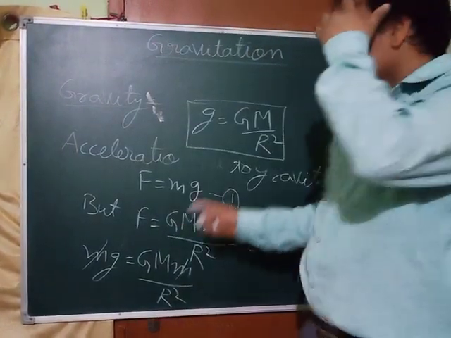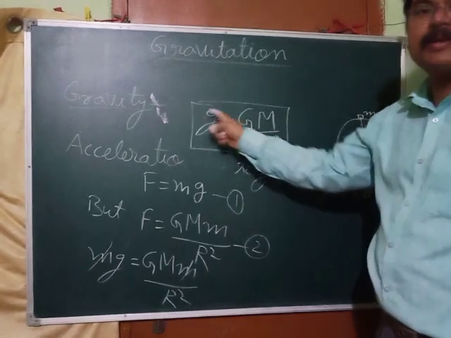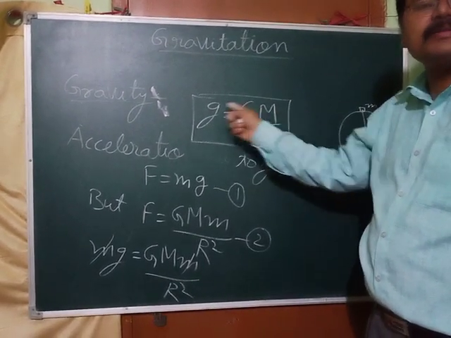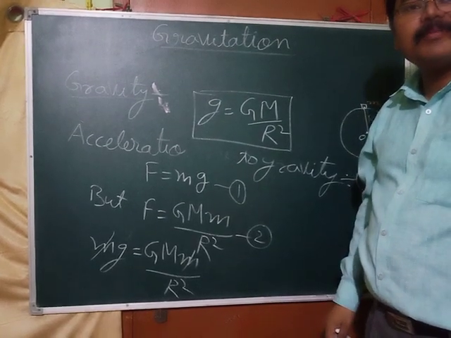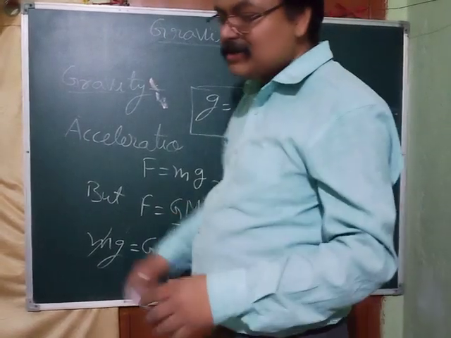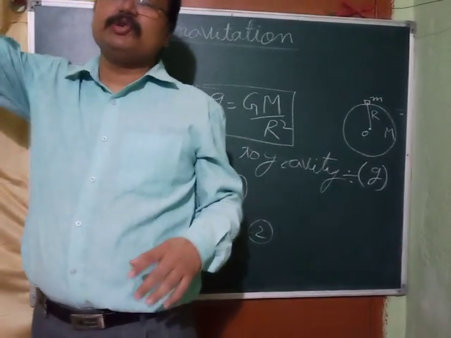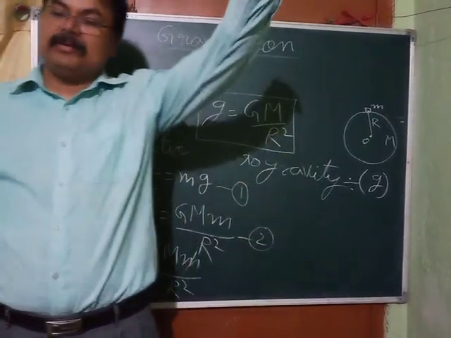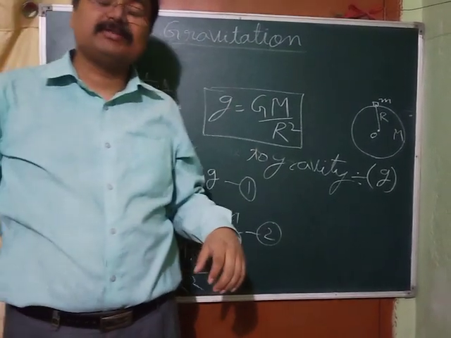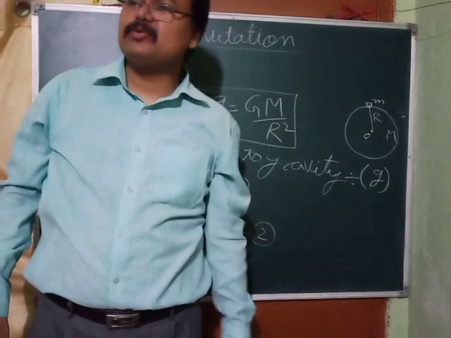Why? Because see, this tells the whole story. The acceleration with which they are falling has nothing to do with their mass. Whether they are heavier or lighter doesn't matter. Sometimes you will find that if you drop a page of paper and, suppose, a pen or a stone from the same height, the stone reaches the ground first.